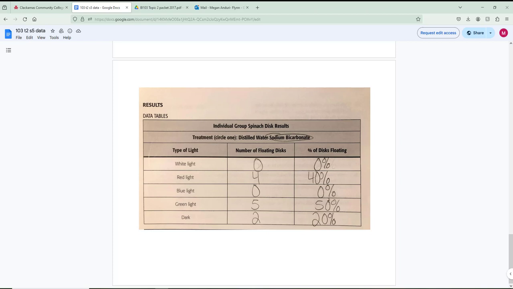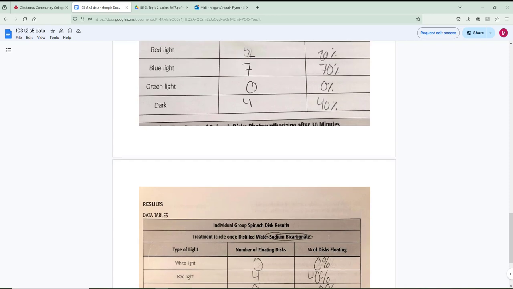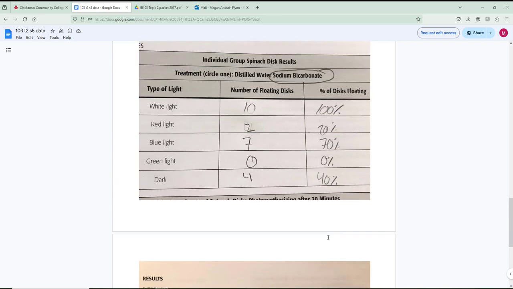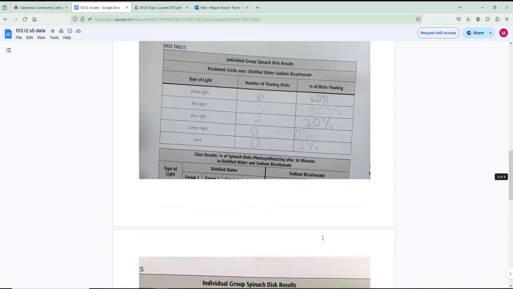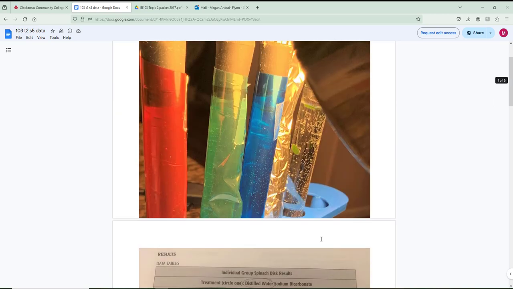And then, based on that information, you can just generally state what you saw. Did you notice one particular wavelength of light seemed to have the most photosynthesis taking place? Did you see one particular wavelength of light with no photosynthesis taking place?